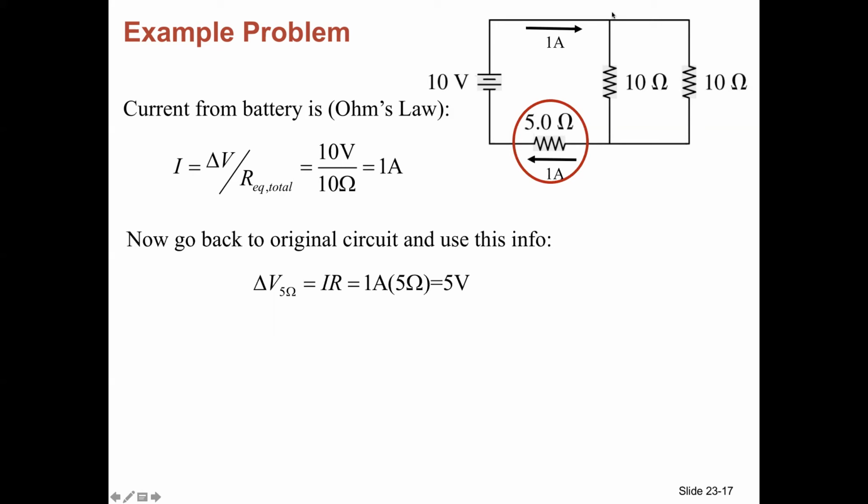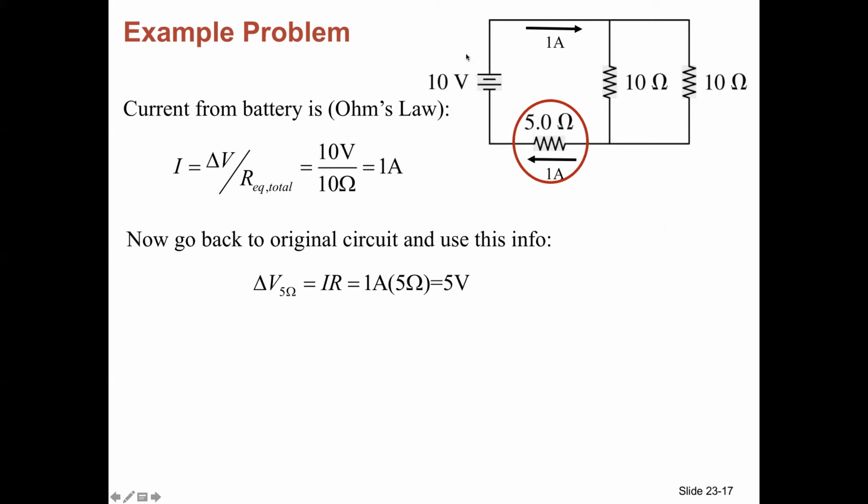The last step, if we wanted, is that the only other remaining unknown information in the circuit is the voltage loss across these two 10 ohm resistors. Well, we could solve for that just by using the loop law, or conservation of energy.